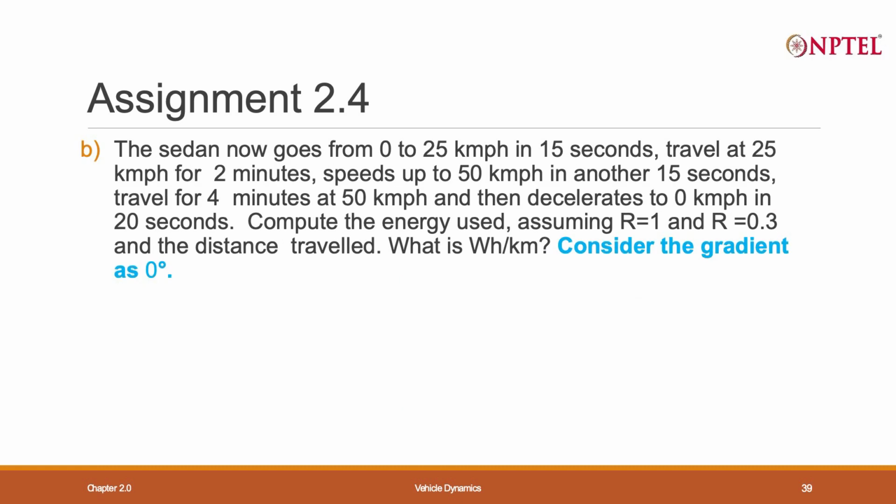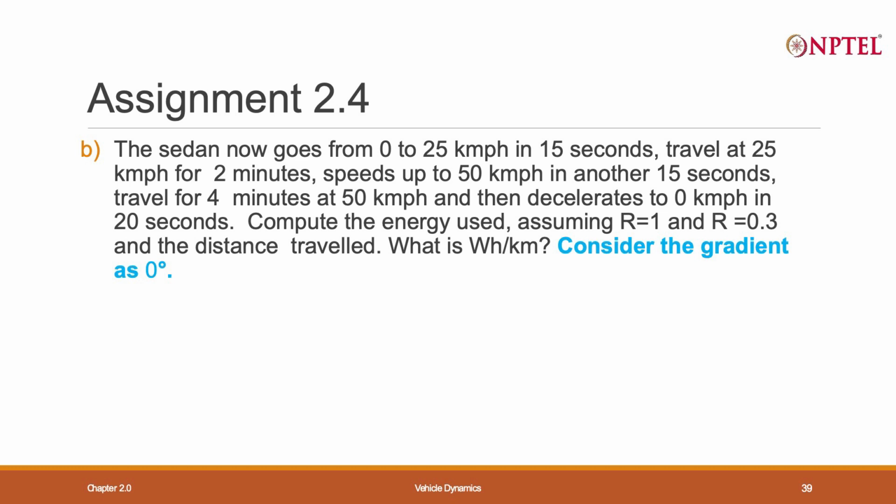I take a second problem, again an assignment problem. This time I am traveling starting from 0 to 25 kilometer per hour in 15 seconds, travel at 25 kilometer per hour for 2 minutes, and then I speed up from 25 kilometer per hour to 50 kilometer per hour in another 15 seconds, travel for 4 minutes at 50 kilometer per hour, and then decelerate to 0 kilometer per hour in 20 seconds.